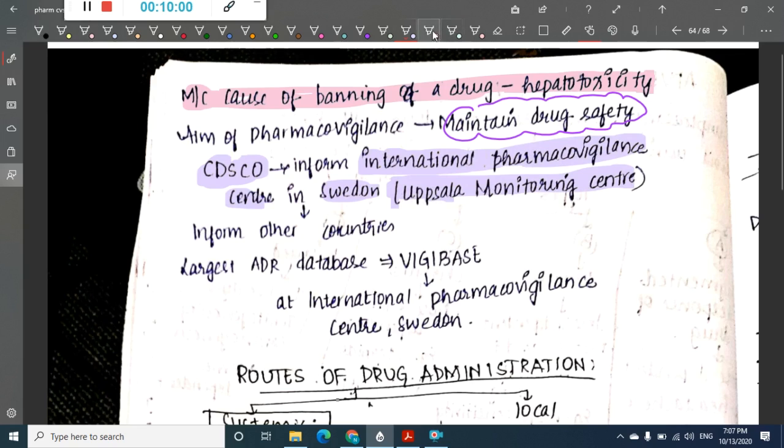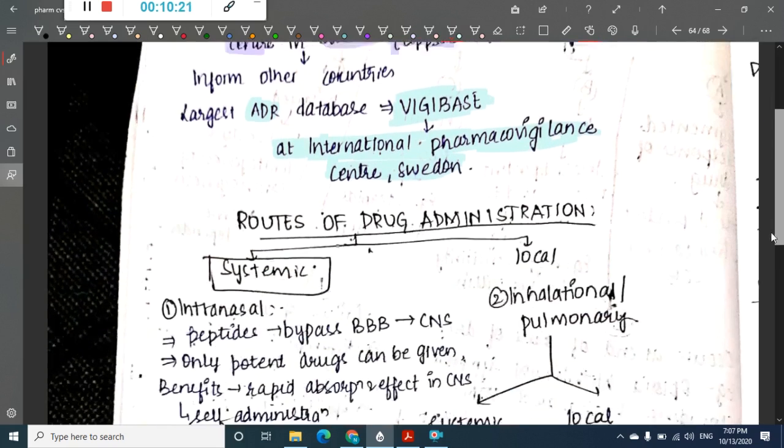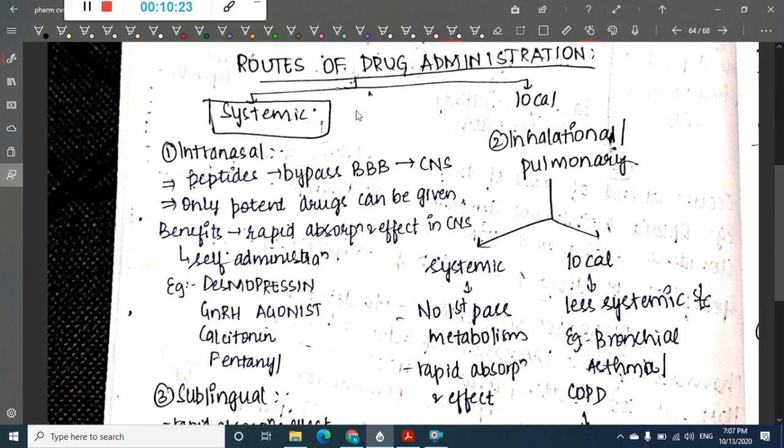Then we have the largest adverse drug reaction database, which is VigiBase, and it is based on the International Pharmacovigilance Center, that is, the Uppsala Monitoring Center in Sweden.